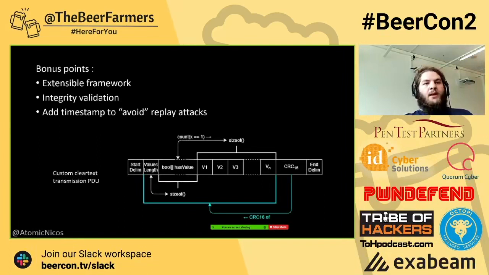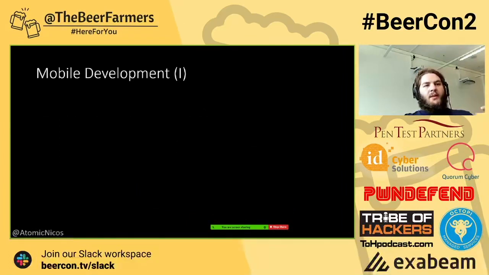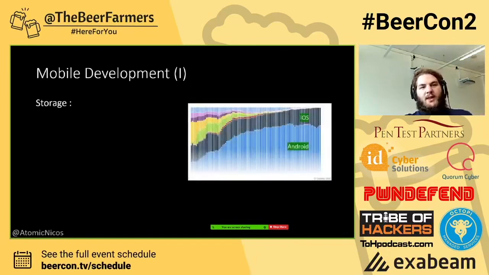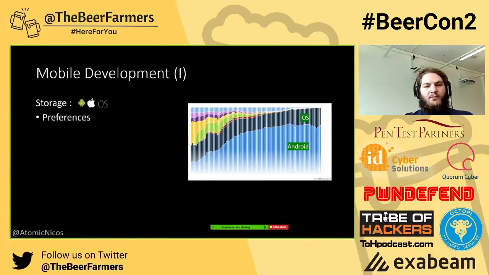In terms of mobile development, if you're one of the 90% of devices that either has iOS or Android, well, that's pretty nice as an operating system. Well, you can have some pretty funky ways of storing preferences, like, I don't know, JSON files somewhere.